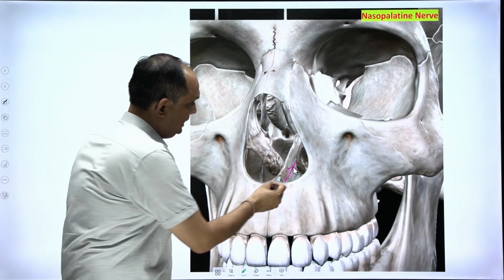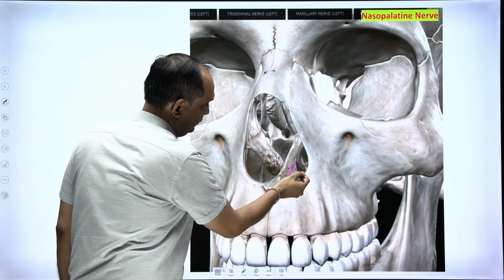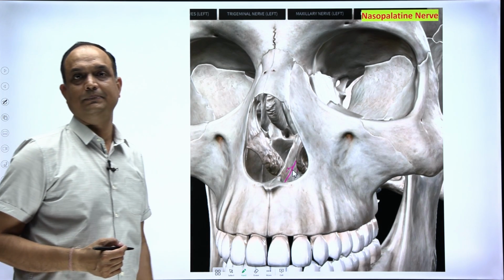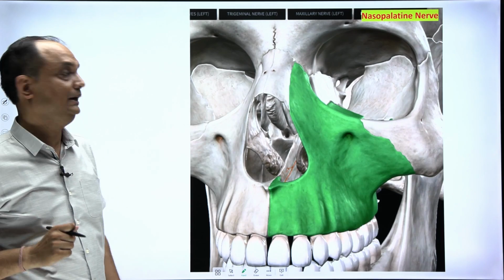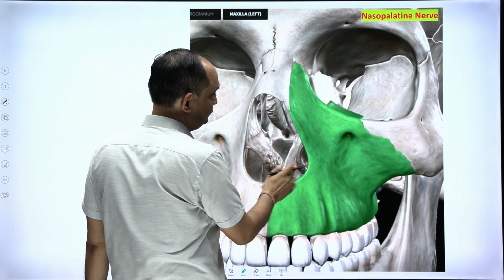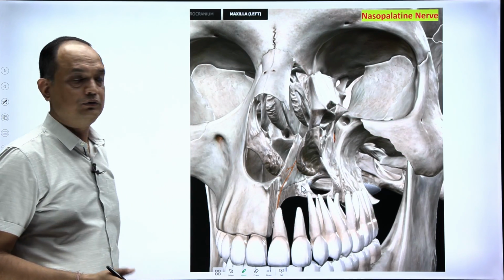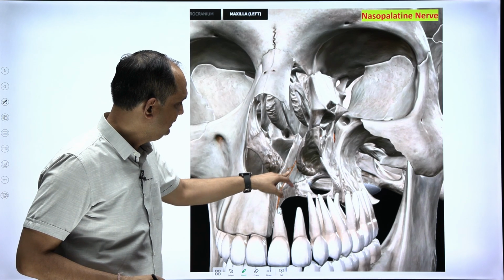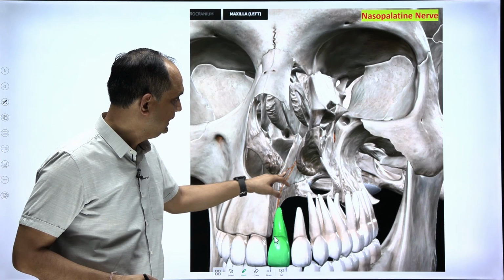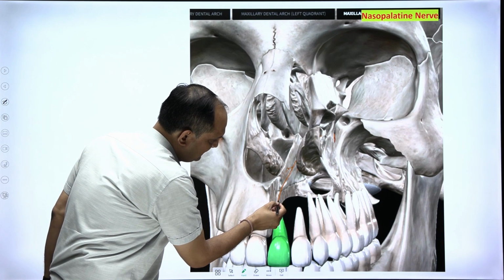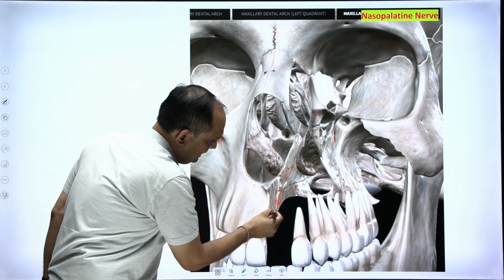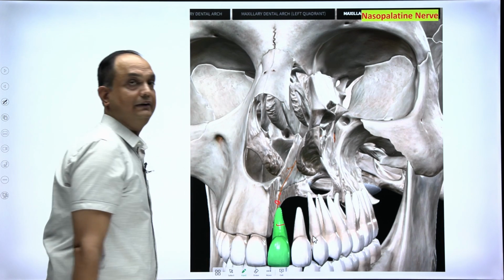Here you can see the nasopalatine nerve on the lateral side of the nasal septum, so the nasal septum on both sides has the nasopalatine nerve. To see the course, we have to remove the maxilla. We have just removed the maxilla, so the nasopalatine nerve is now very clearly seen, and this nerve is coming anteriorly, passing through this canal and entering the oral cavity.